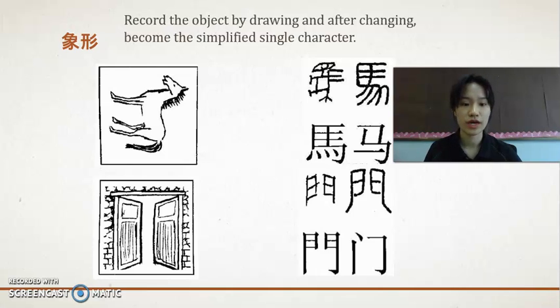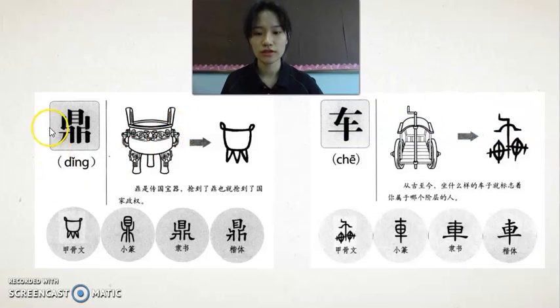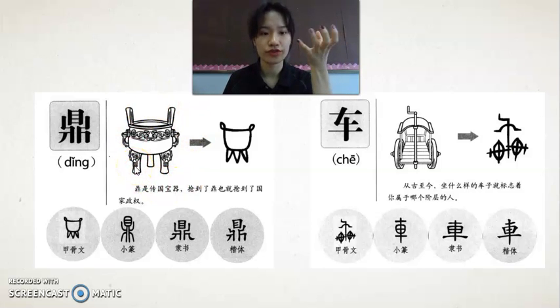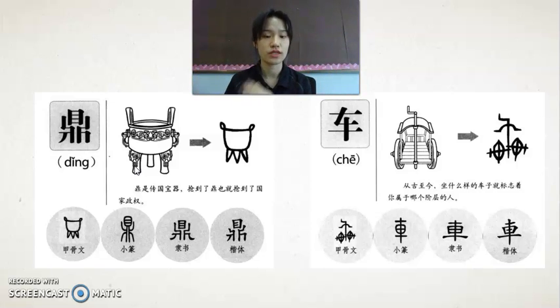So the same, we still have some others, like this one, 顶. This kind of tool, we use it to refer to power. Just like the king has the crown, in ancient China this was used to mark somebody's power. If you own it, that means you are the top of the country. So it's really important, so people wanted to draw it and write it down, right?